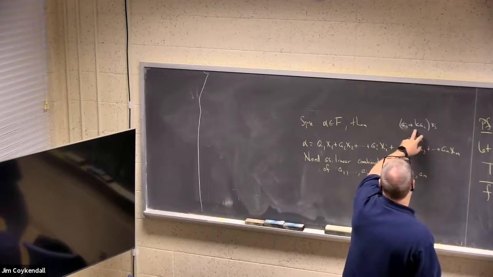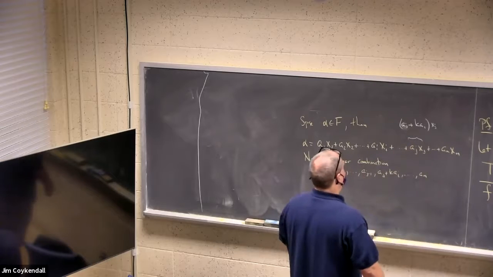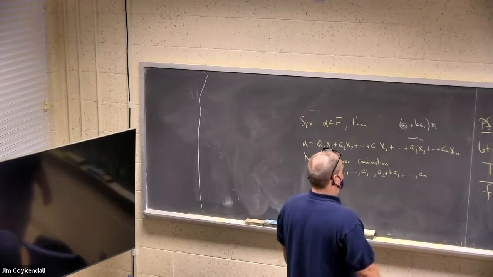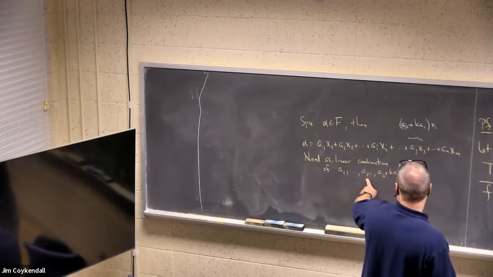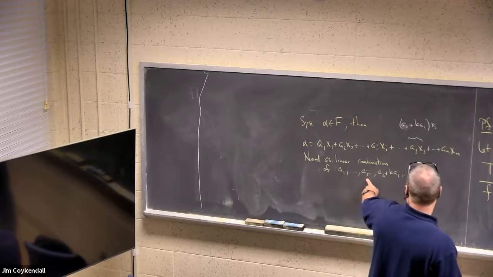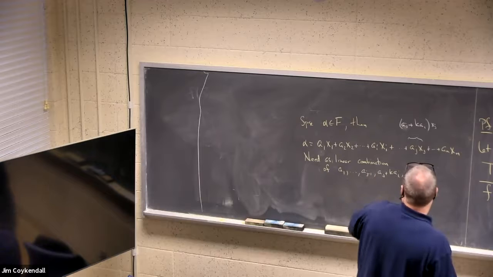So I've got to get rid of k Ai Xj. Oh, I don't need that.